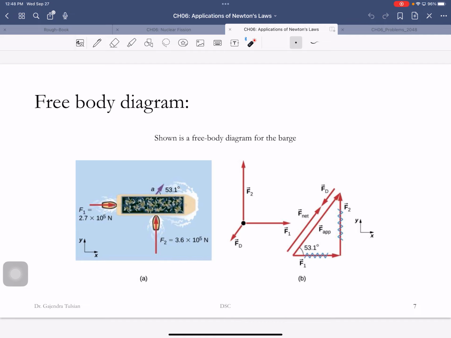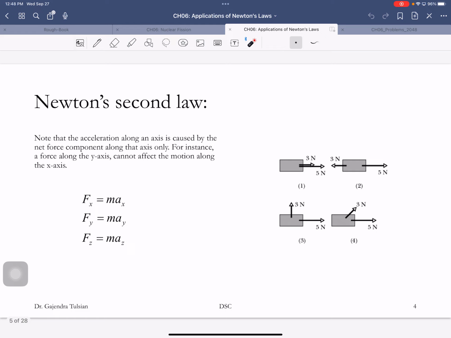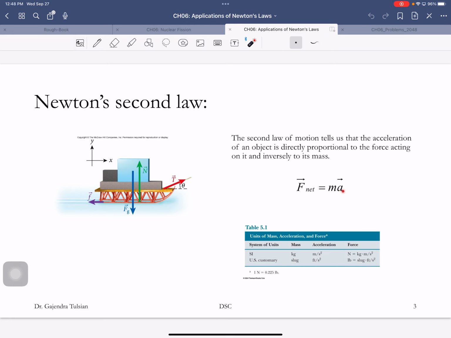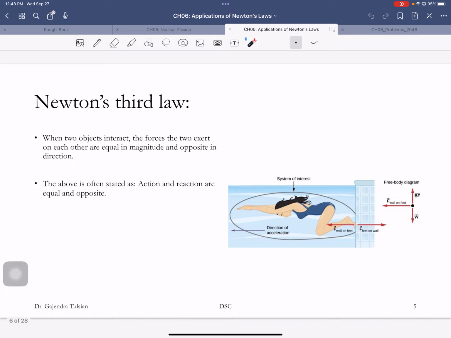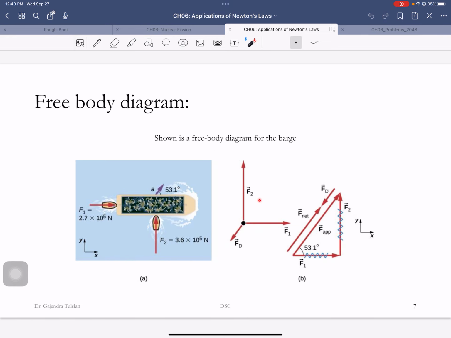Now, if it's accelerating, what does Newton say to you? If the acceleration is not zero, that means that there must be a net force acting on the object. And so the sum of these three forces is not zero. The sum of these three forces is the net force, and that's equal to mass times the acceleration of the object.